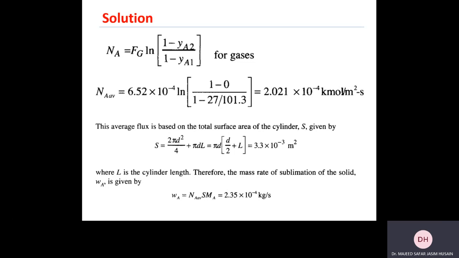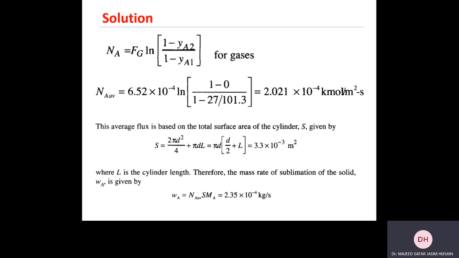Now, you have it as kilomole per meter square per second. We want to change it. We want to make it kilogram per second. So that means you have to get rid of the area and change also the kilomole to kilogram. That means the molecular weight. Since you have the cylinder as a shape, for the cylinder, total surface area will be the surface of the whole cylinder.